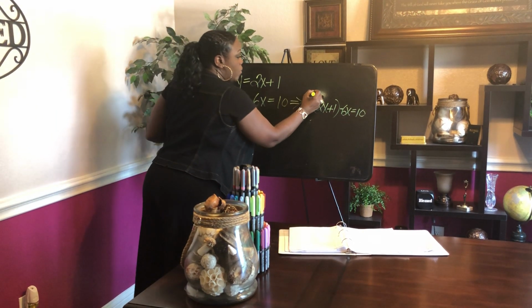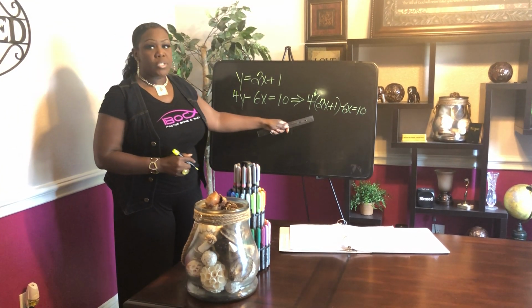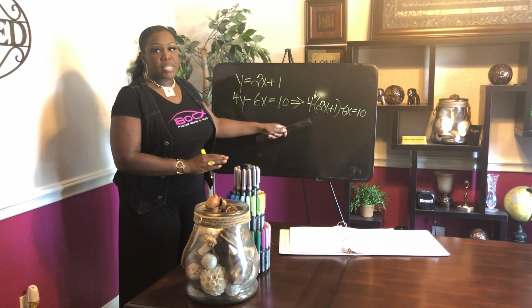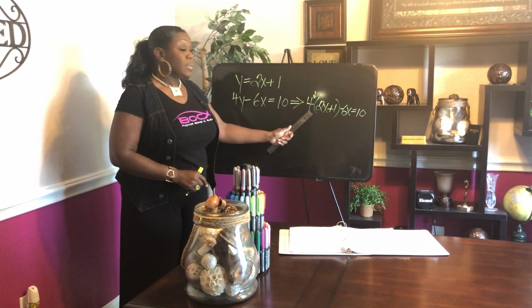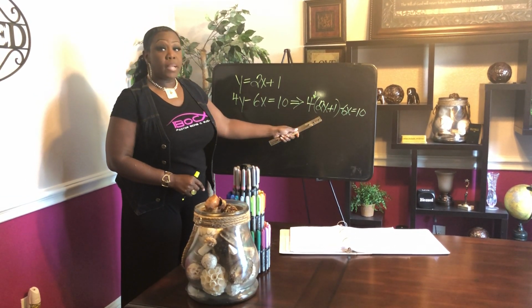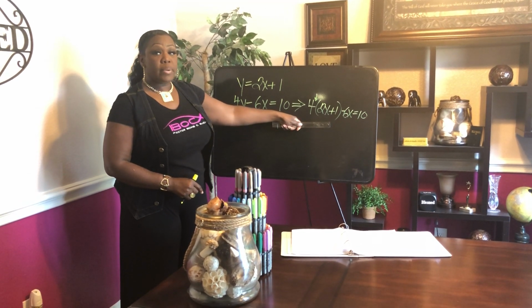In this particular equation, if there's no symbol of operation, meaning there's not a plus, subtraction, or a division sign, you're going to multiply. So the first thing you have to do is clear your parentheses.